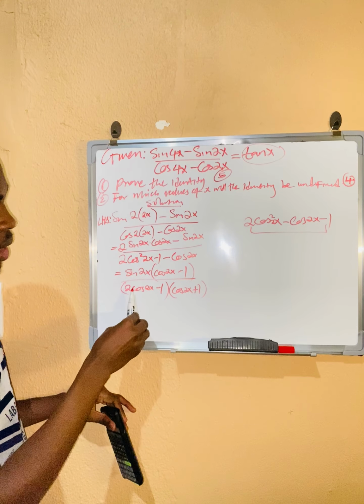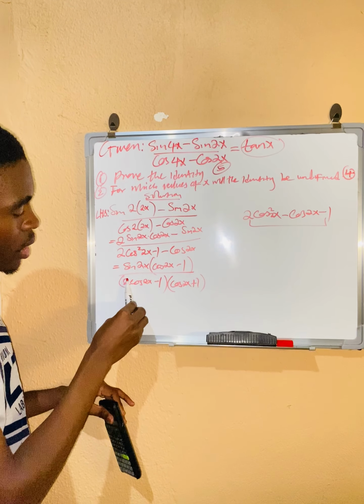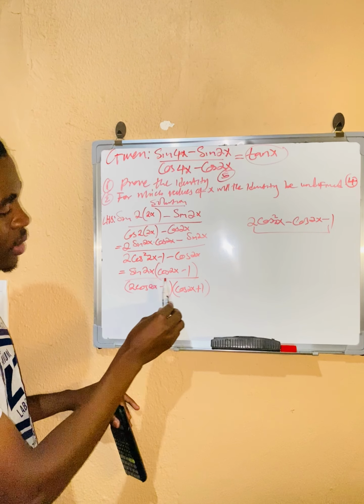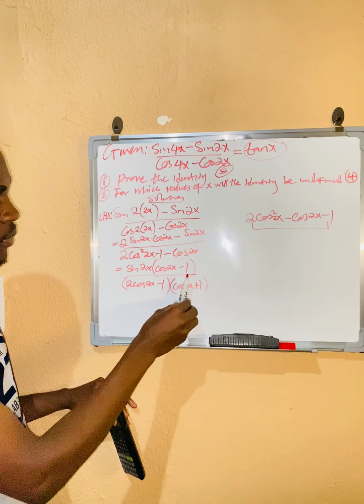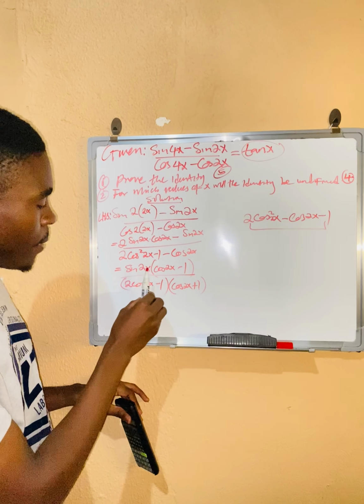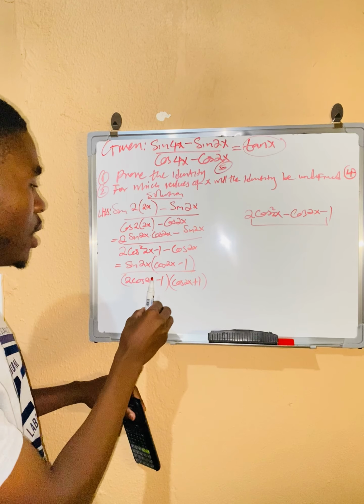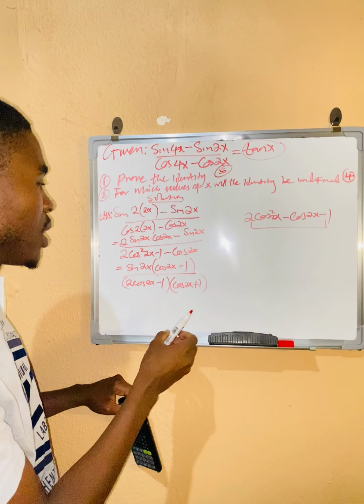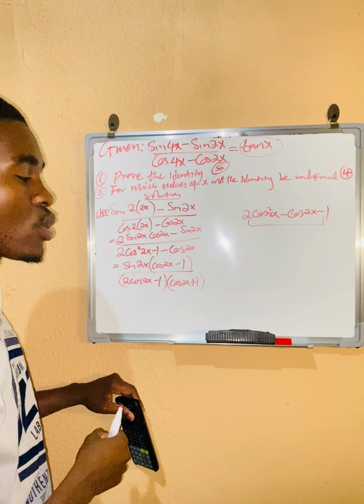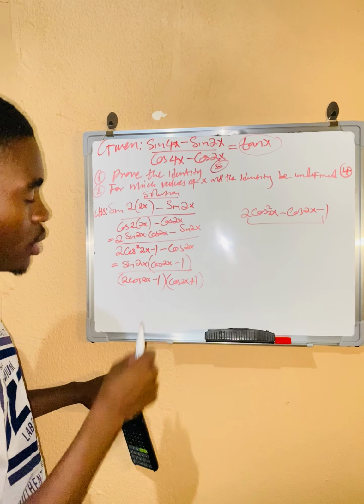If you add 2 cos 2x and negative 2 cos 2x and cos 2x, it's going to give you negative cos 2x.